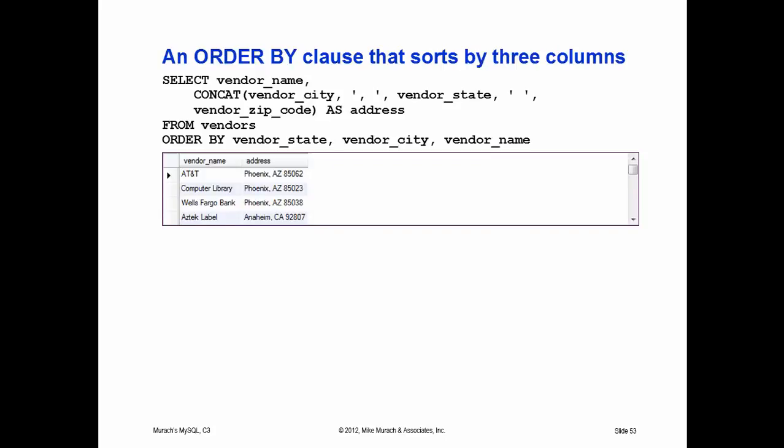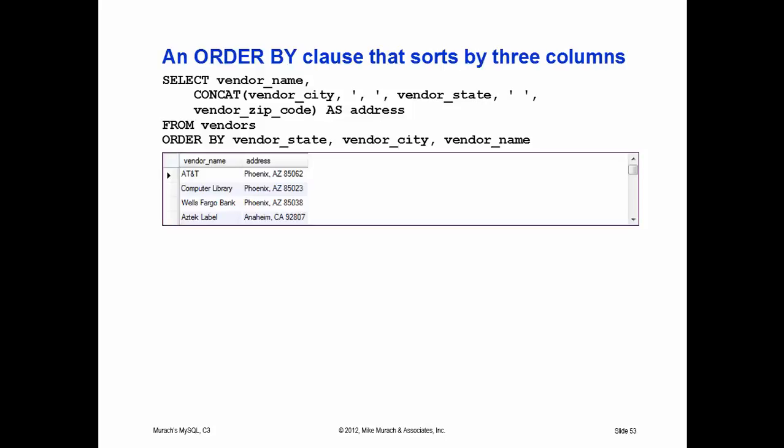Here's an example, order by state, city, and vendor name. So it does the state first in ascending order. If there are any ties, so if you've got the same state, then it goes to the city. And it says does do that in ascending order. If there are any ties there, so if they're the same state and the same city, then it goes to the vendor name.